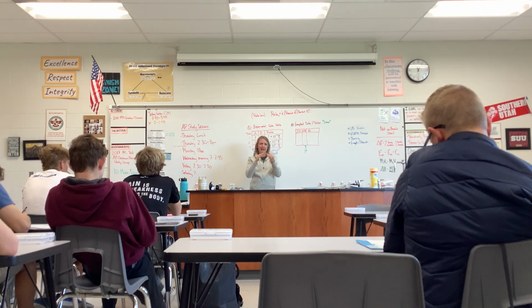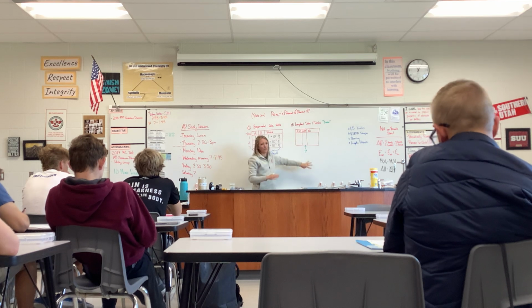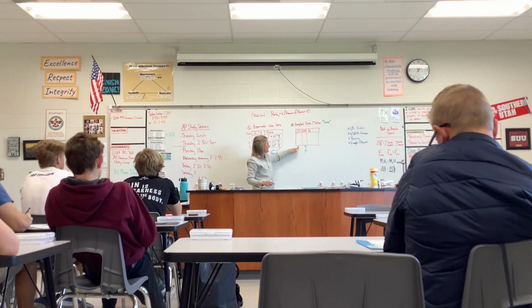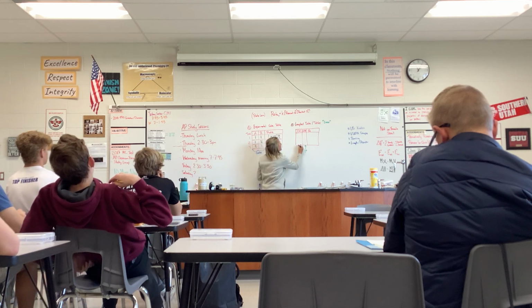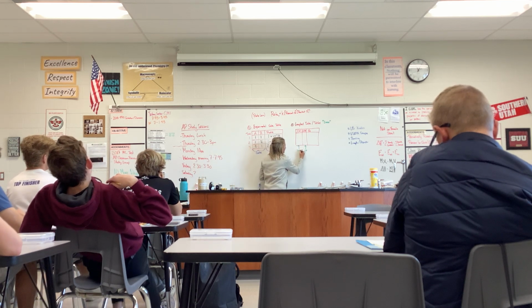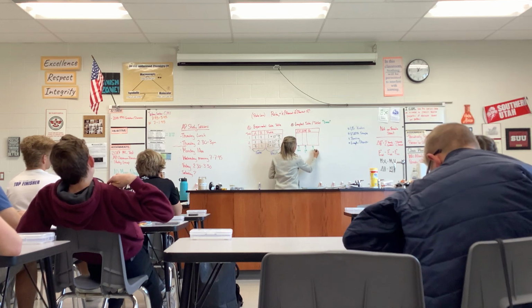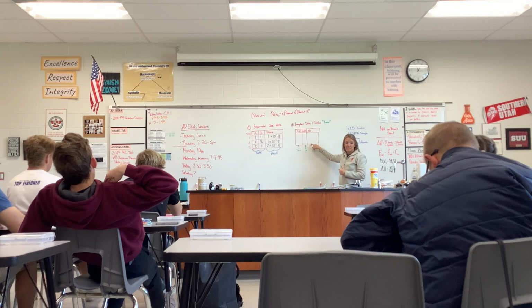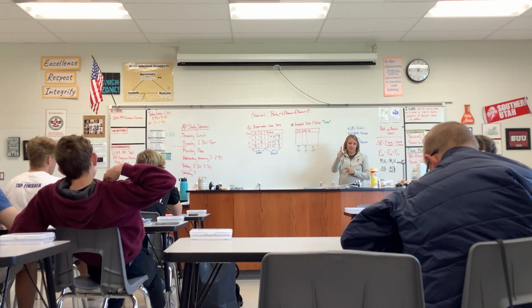You can't find A and B's without a whole other set of information for B. So this would be first order. If it's this one, it's zero order, and then second order. And once again, you're looking for the linear one, meaning you add the same number every time, right?